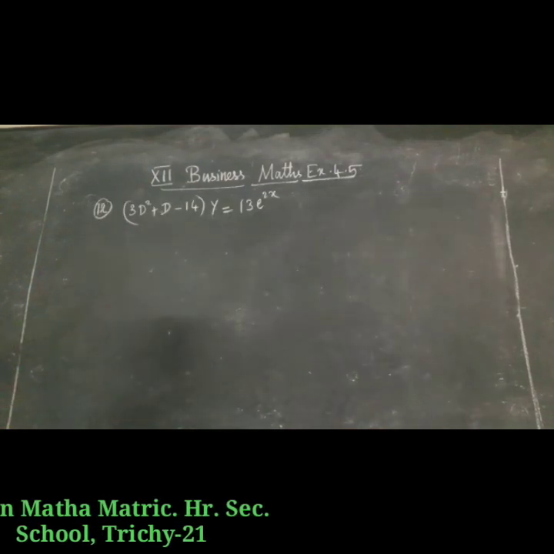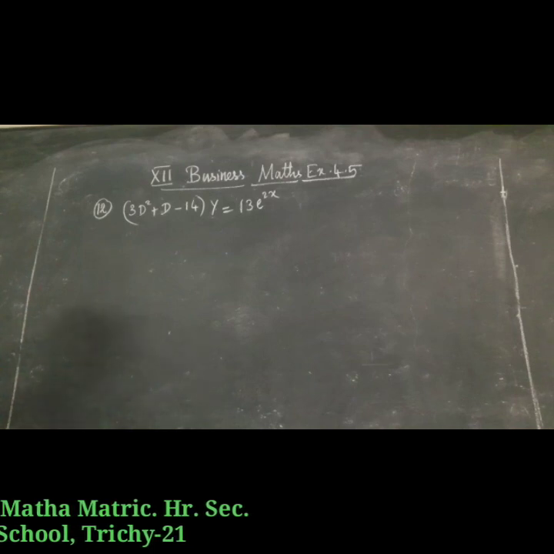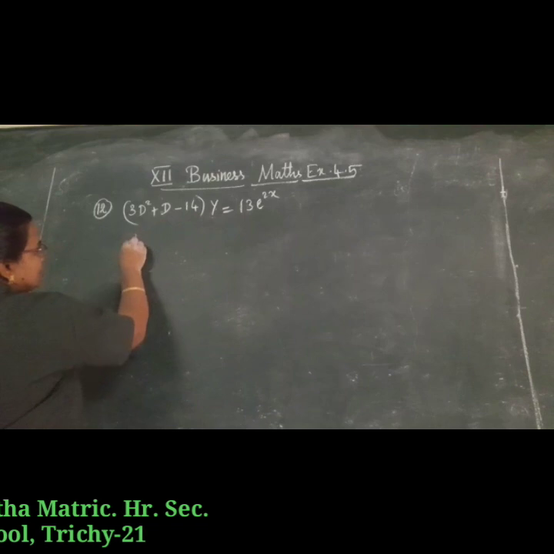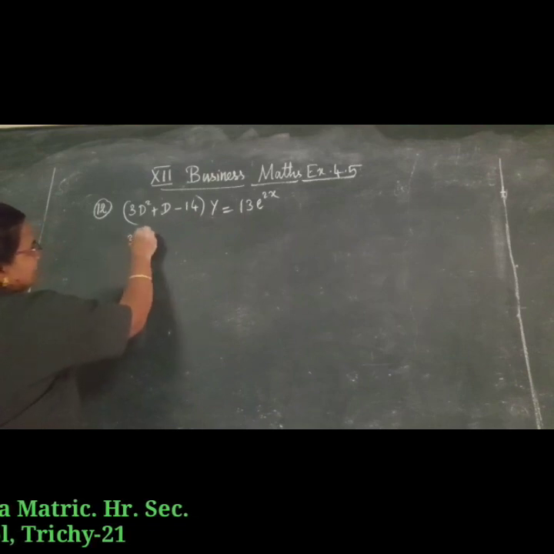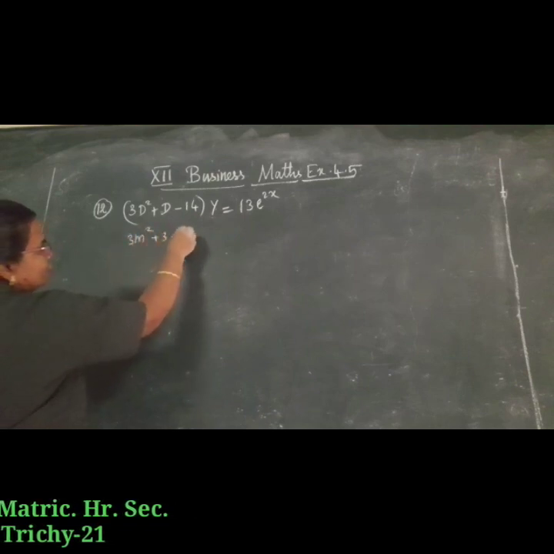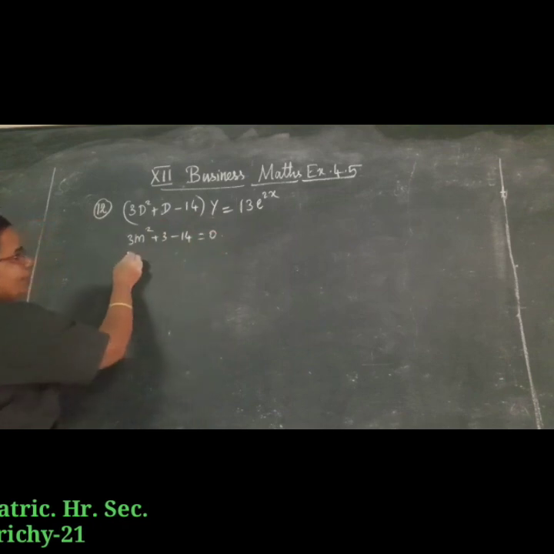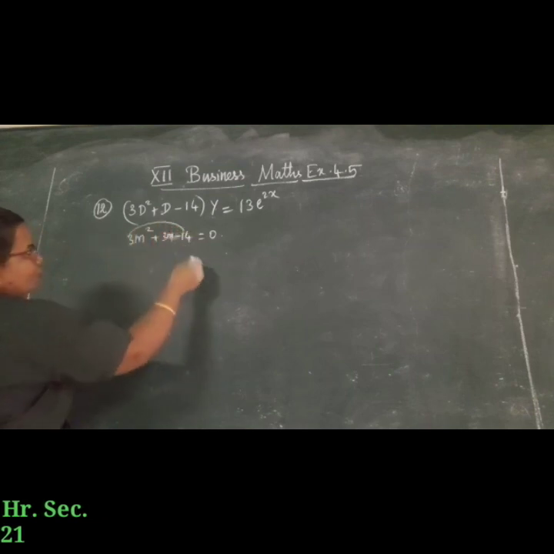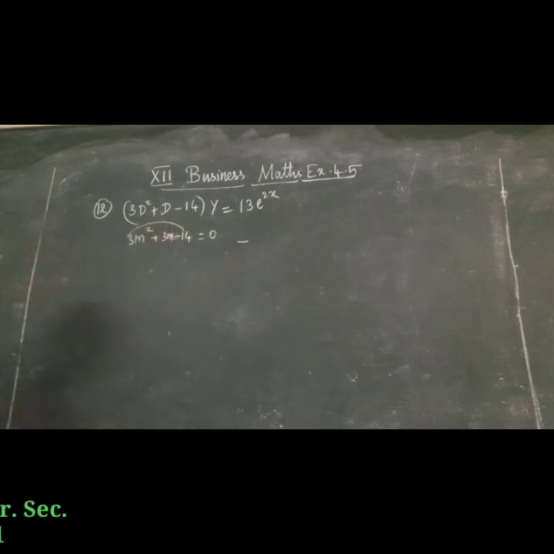Next question, the 12th question: 3D squared plus D minus 14 into y is equal to 30 e power 2x. So the auxiliary equation is 3m squared plus m minus 14 is equal to 0. So 3 into 14, we will get minus 42.